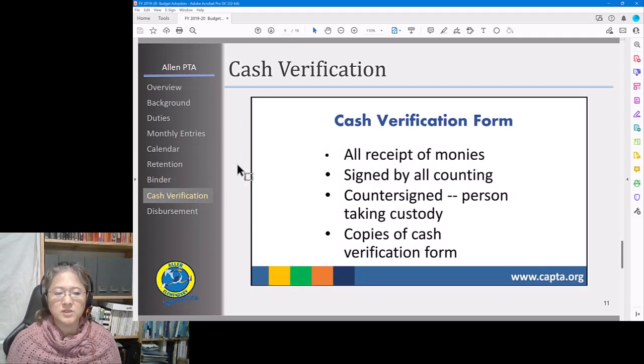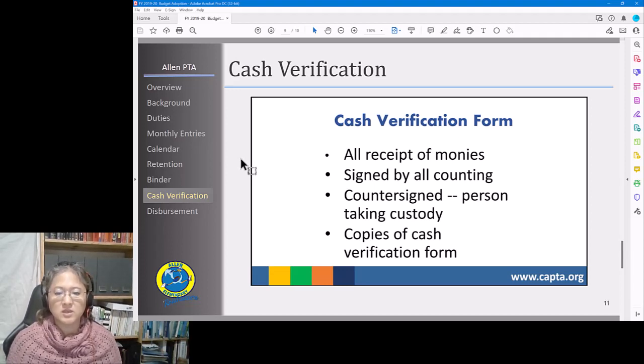The last two slides, the cash verification and the disbursements, are also requirements that the California PTA have set, and we need to follow them. We cannot alter these. The cash verification is a form that the people who are handling money need to complete at any event that deals with money. There needs to be one person who's counting and the other who's watching, and both need to sign.